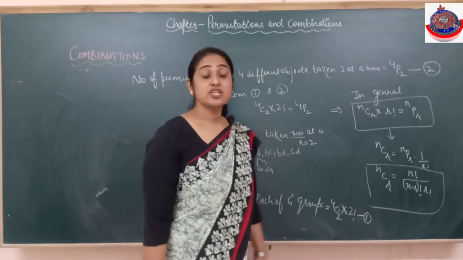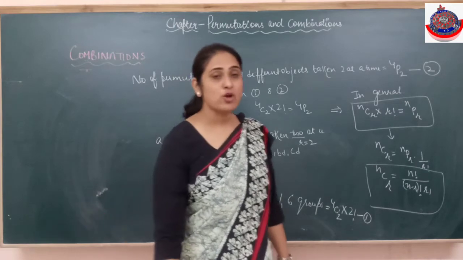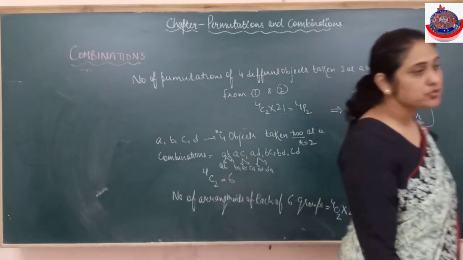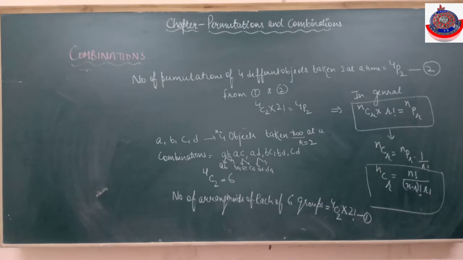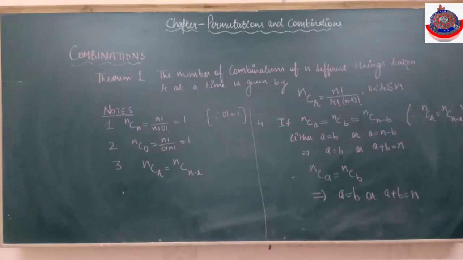This C combination would be used in our next chapter also, binomial theorem. Alright, so the formula you need to remember: nCr is n factorial upon n minus r factorial into r factorial. This you all have to remember. Let's see Theorem 1 related to combinations.